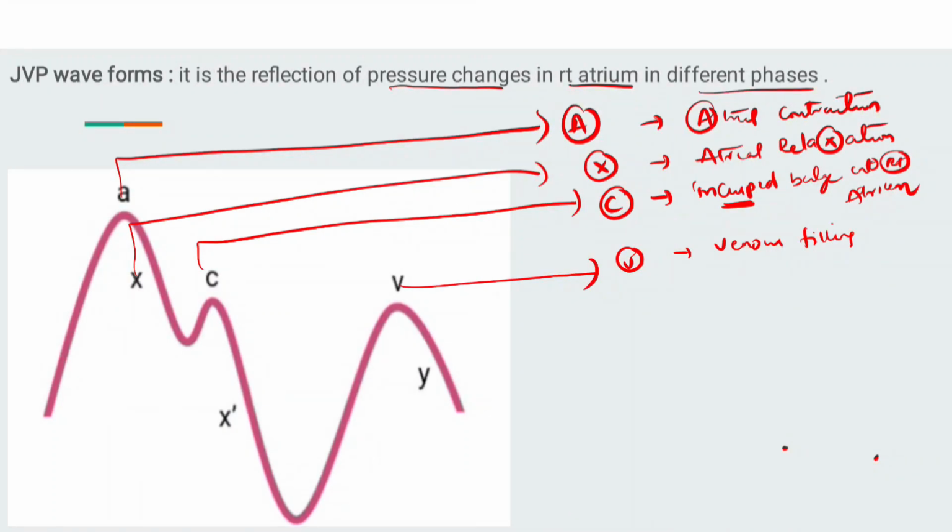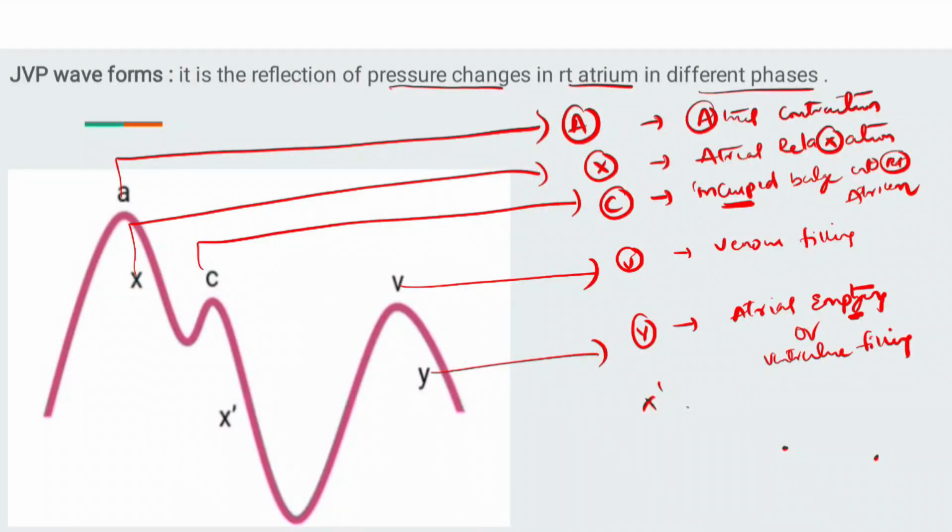Then Y wave indicates atrial emptying, or we can remember it as Y for ventricular filling.